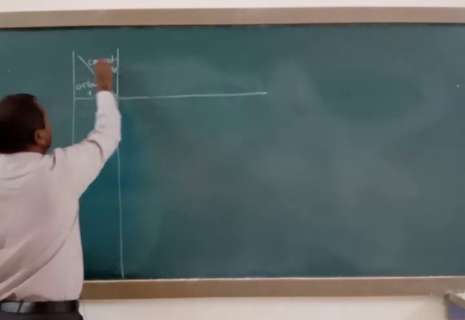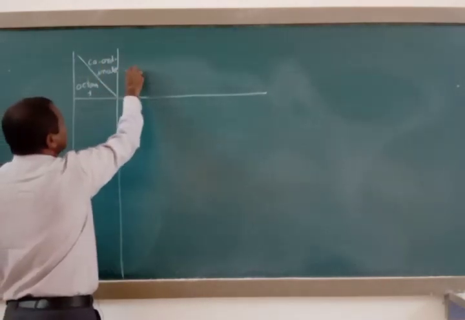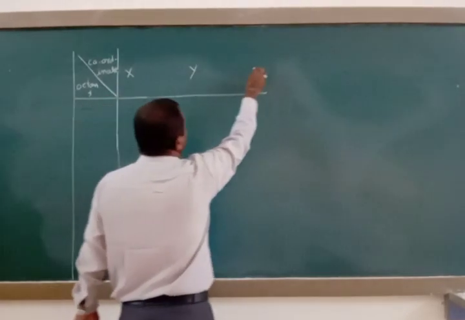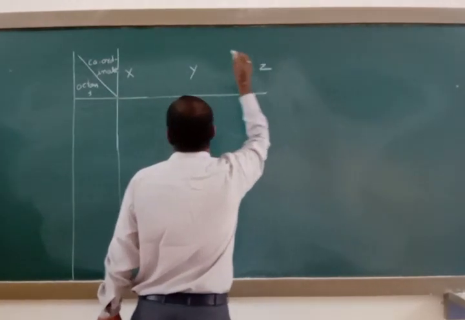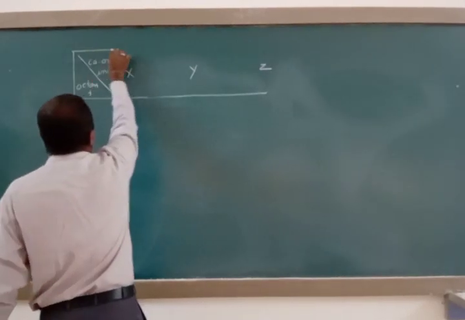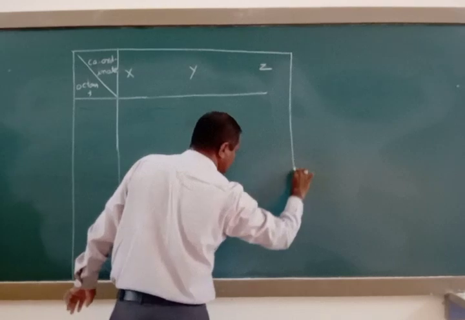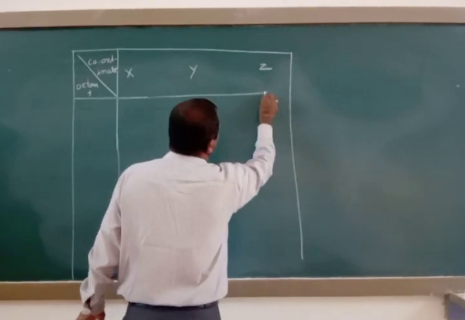First one is the x coordinate. What is the sign of the x coordinate? What is the sign of the y coordinate? What is the sign of the z coordinate? According to the octant, we shall allot the sign to the coordinates.